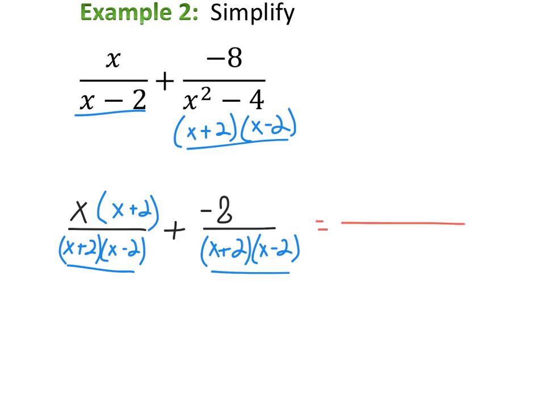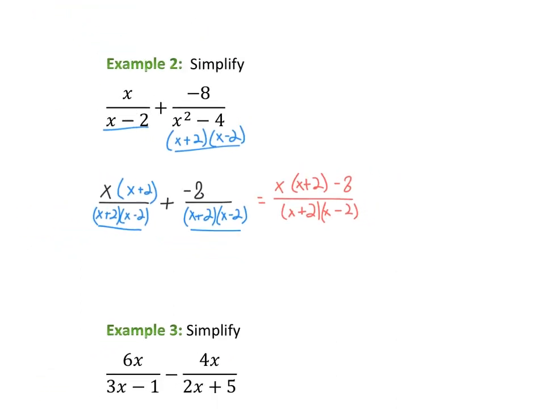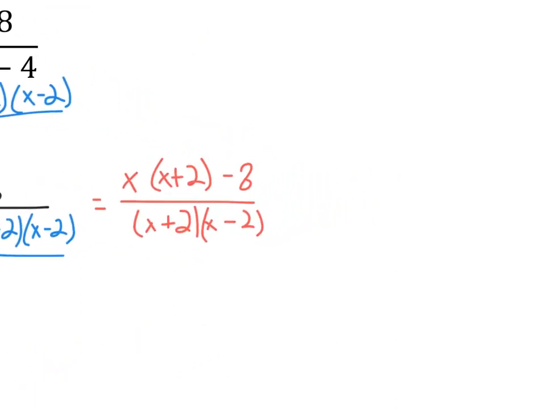Now that I have a common denominator, I will write it as one fraction. So I have x plus 2, I guess I'll just put it as minus 8. Next, if possible, simplify the top, and this time I can simplify the top.